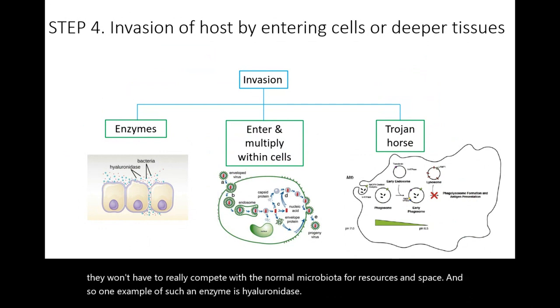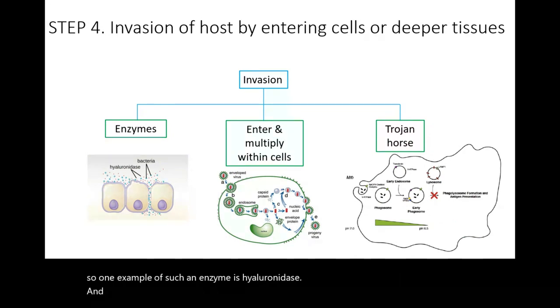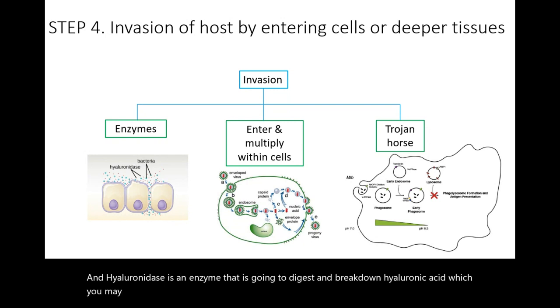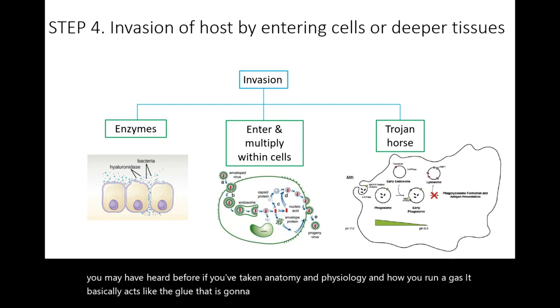Hyaluronidase is an enzyme that is going to digest and break down hyaluronic acid, which you may have heard before if you've taken anatomy and physiology. Hyaluronic acid basically acts like the glue that is going to hold cells that make up tissue together.